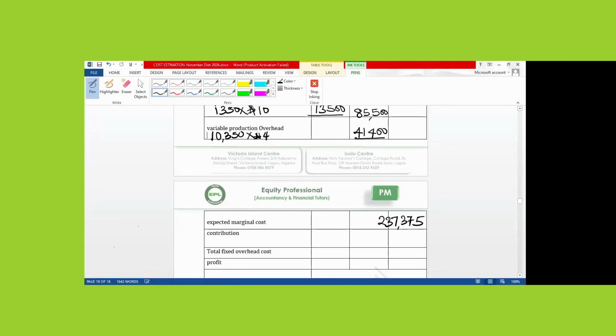So what you are saying is at 115% level of activity, this company will incur 237,375,000 expected marginal cost.